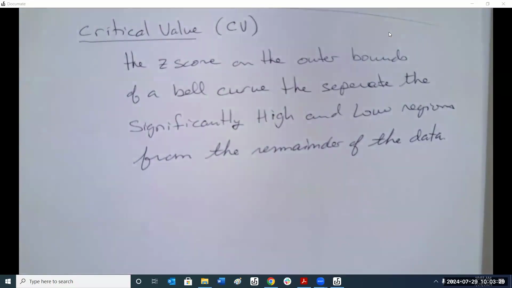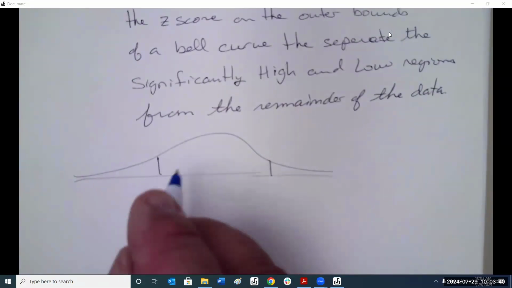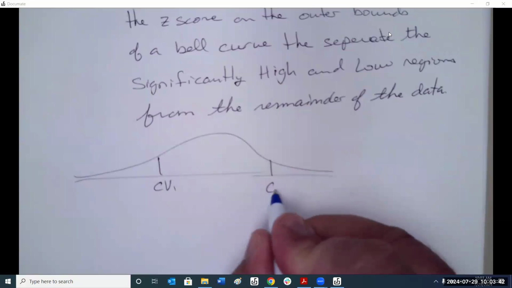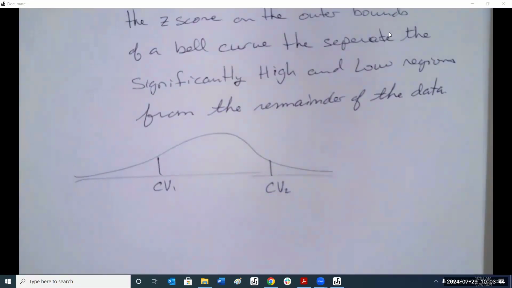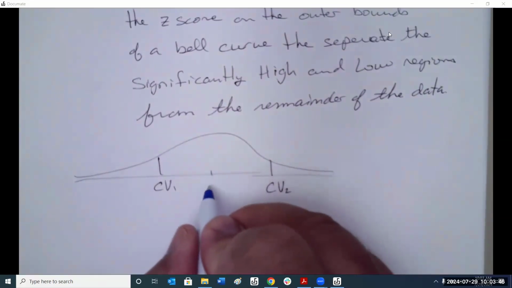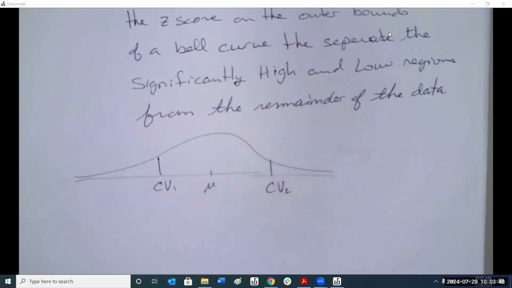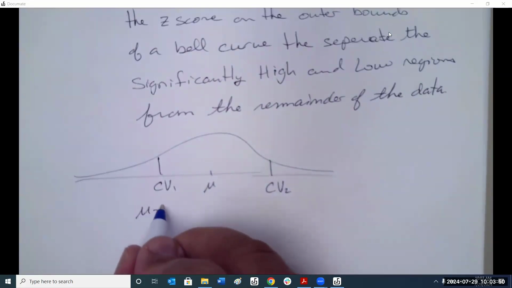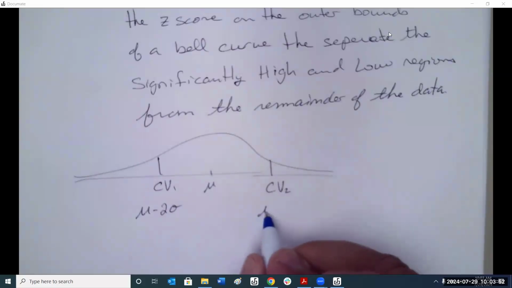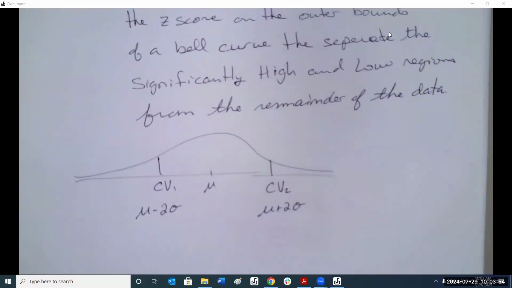And that's what we did last time. We found this way, where the critical values are here. And when we talked about the mean, it was the mean minus 2 standard deviations, the mean plus 2 standard deviations.